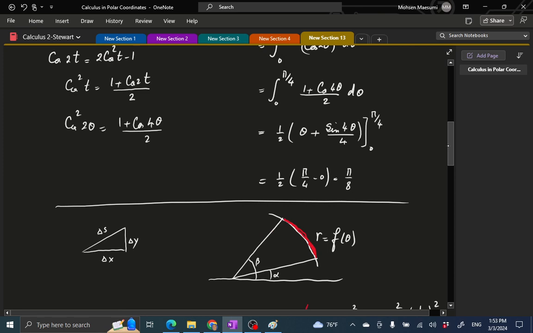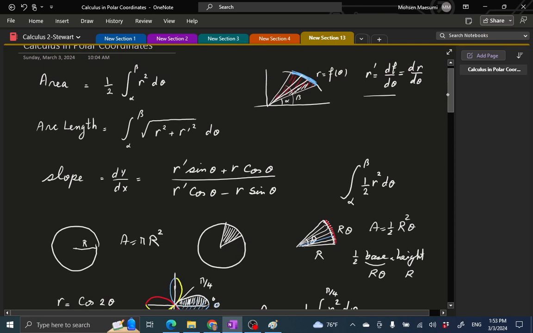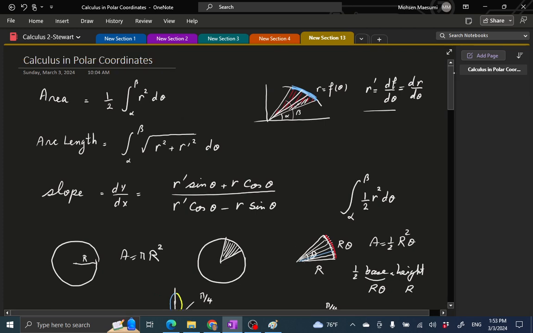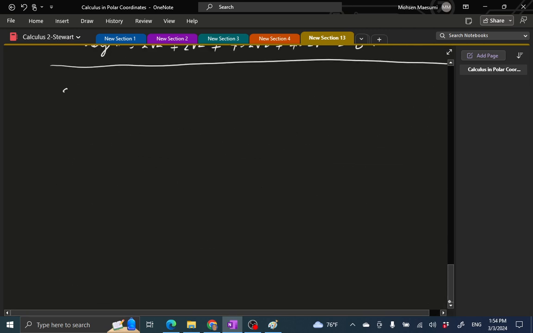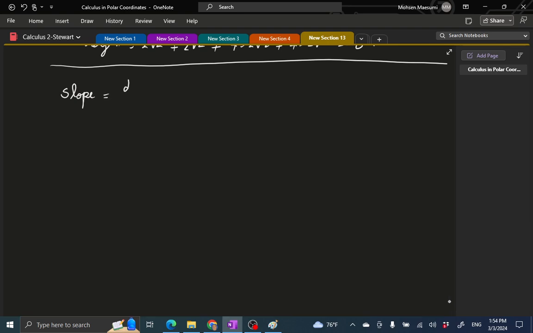What else did we promise that we are going to do? Finding the slope. So the overall plan was calculus in polar coordinates. We chose 3 topics to follow: area, arc length, and slope. Let's go after slope. Where does this formula itself come from? So we want to find the slope, which in calculus 1 is simply dy dx.